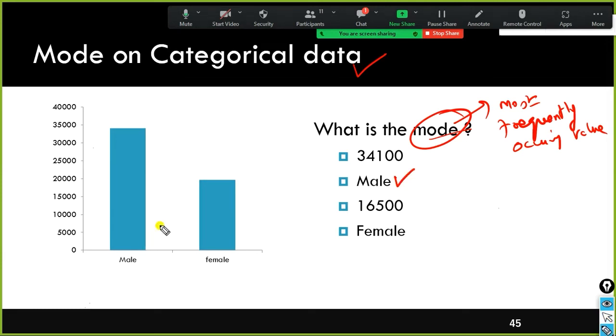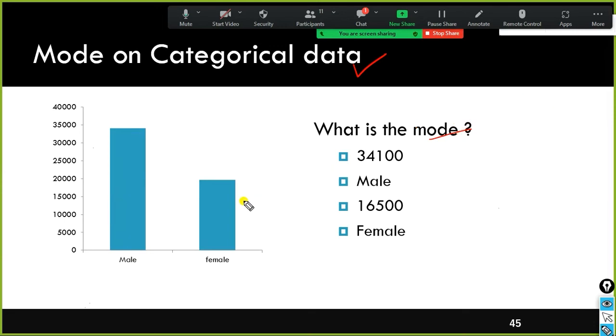In this case the male category is the mode because it occurs more than how many? 35,000 male, 35,000. Mala, are you watching here? So 35,000 times male is occurring. The most frequently occurring category is male. That is what it tells us. Got it? We can use mode for categorical variables also.